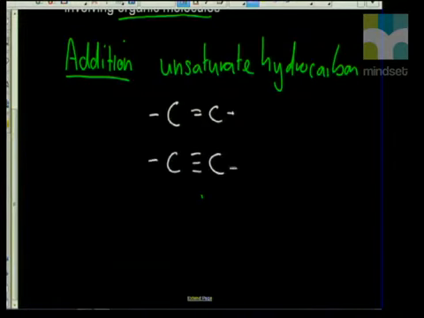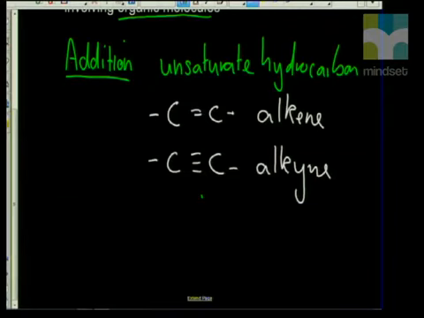In either of those cases, alkene or alkyne, if you look at them carefully, what you'll recognize is the number of partners that this carbon has. It's only really got a partner over here, which I'm going to call X, and another partner over here. That's only two partners.